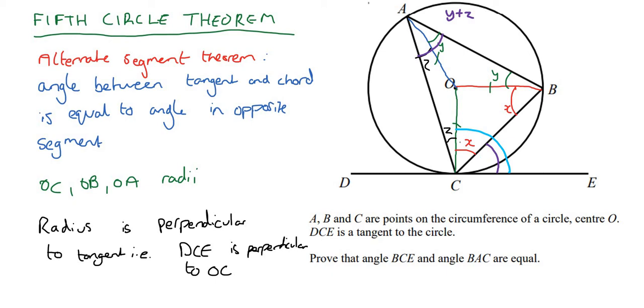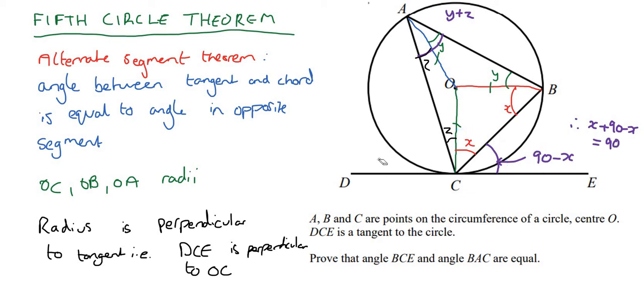So this tells us that the purple angle must be 90 take away x, because then we'll have x plus 90 minus x, which equals 90. Good, so we've got our angle there.